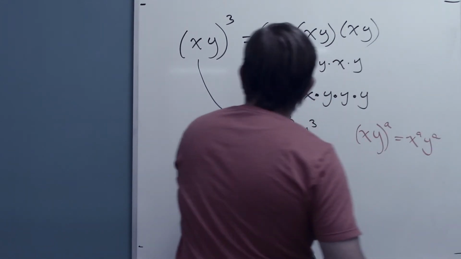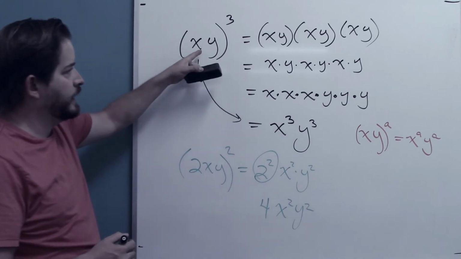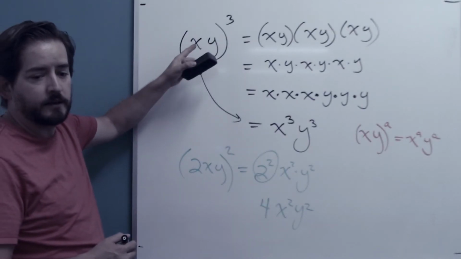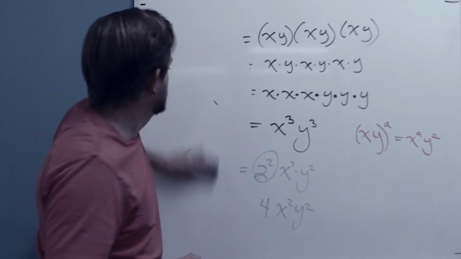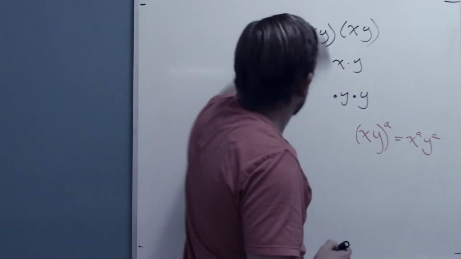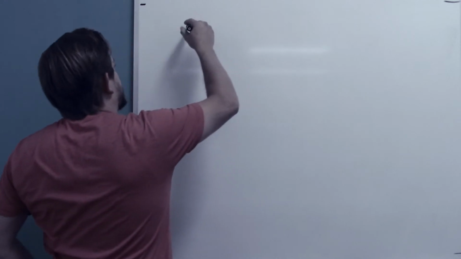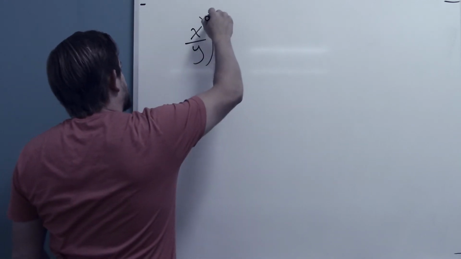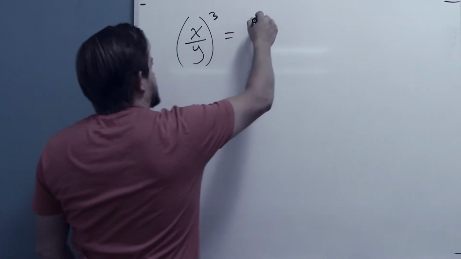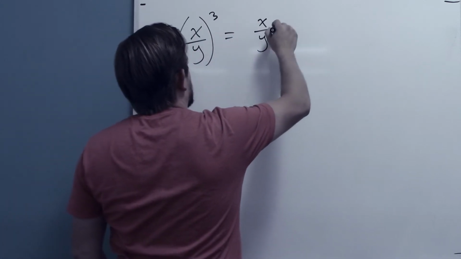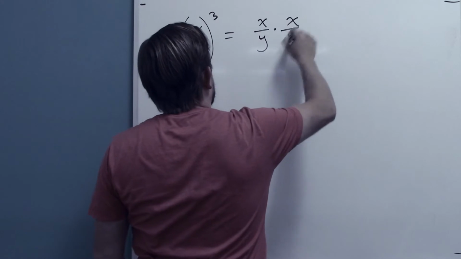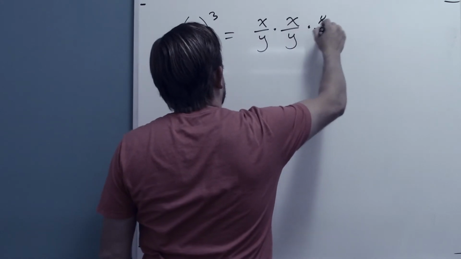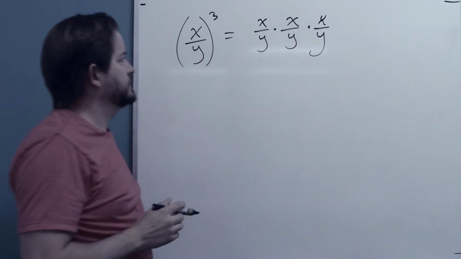This also happens to work if instead of a product, I have a quotient. For example, if I have, say, x over y, and that all gets raised to, let's just say, the third, that's the same as taking that x over y and multiplying it by x over y and multiplying it by x over y. Excuse my funky x on the last one.